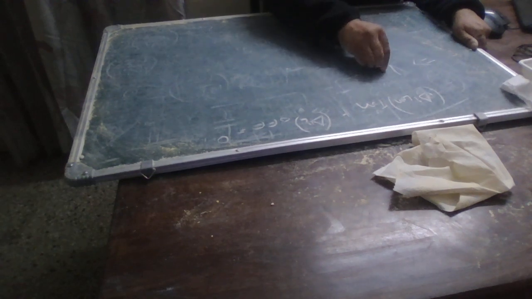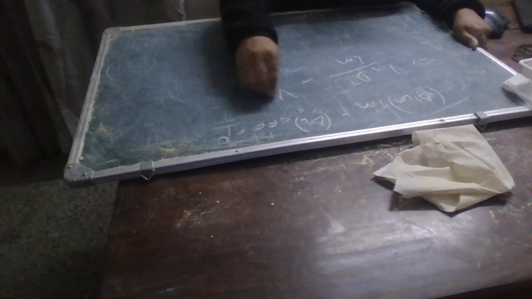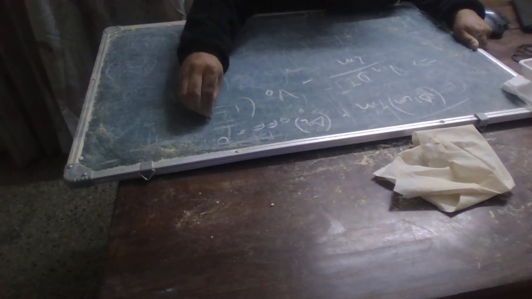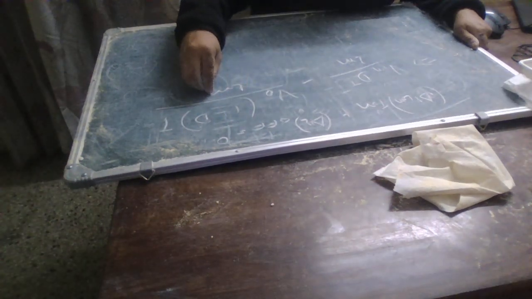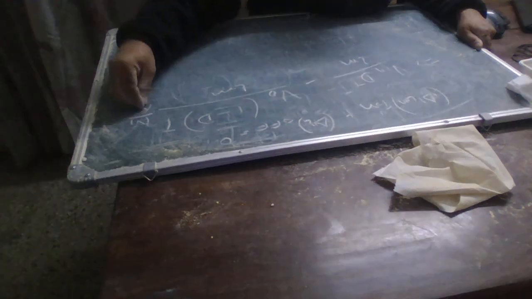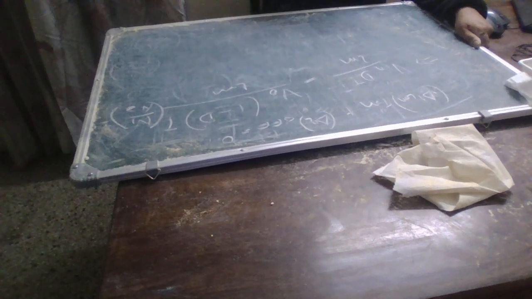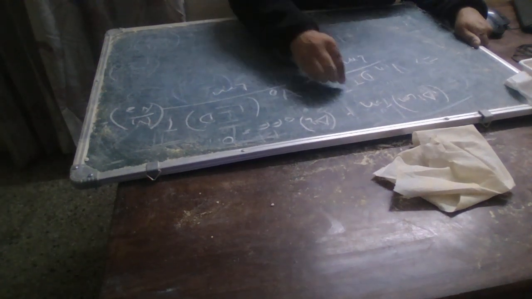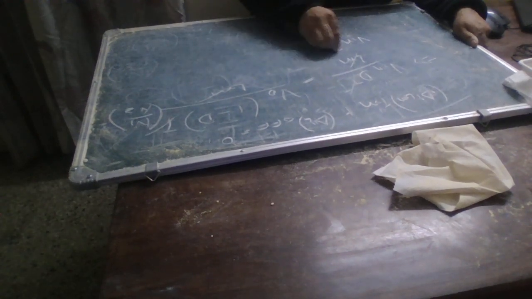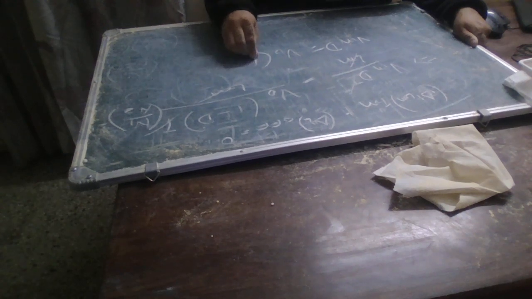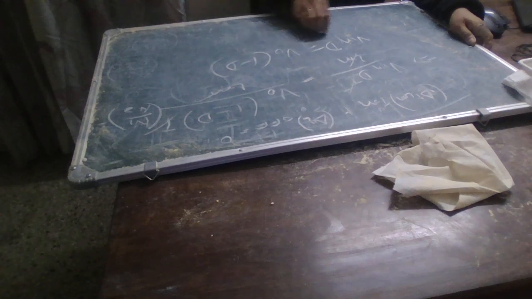It's V input D T by Lm minus V0 (1 minus D) T by Lm times N1 by N2 equal to 0. If I solve it, T gets cancelled and Lm gets cancelled, and we get V input D equal to V output (1 minus D), and this is the input output relation.